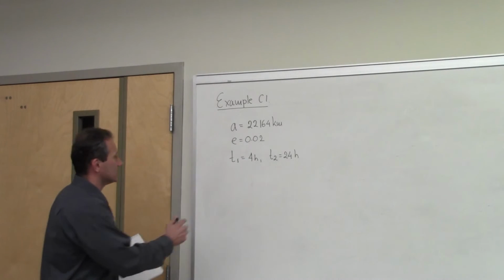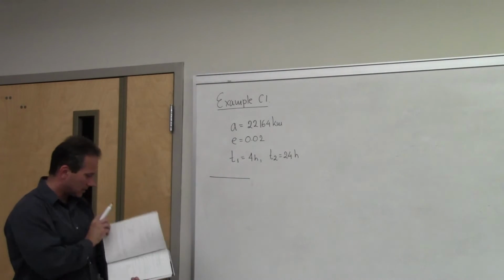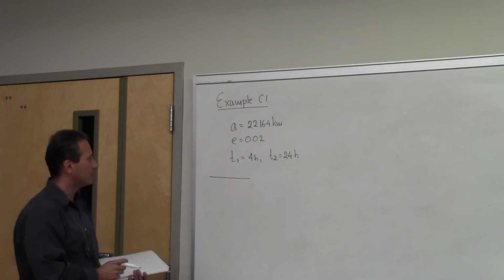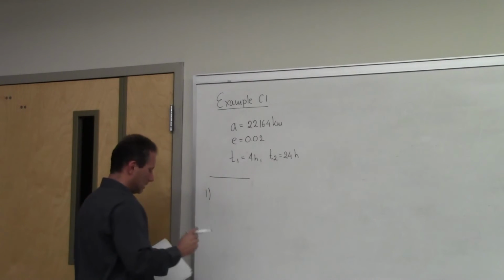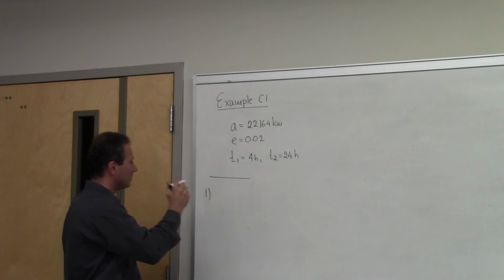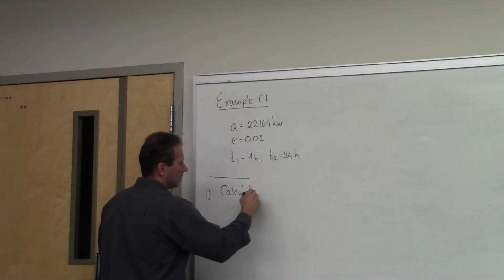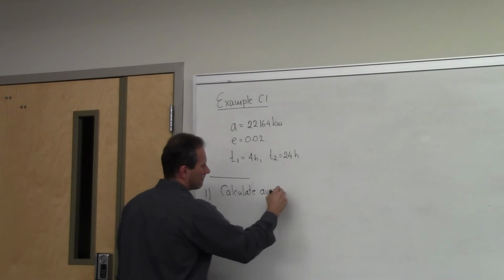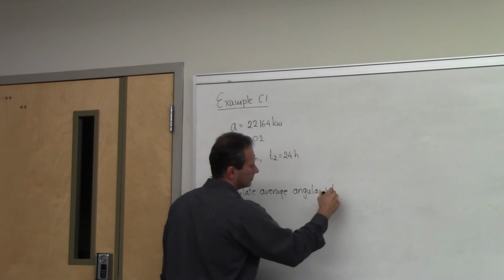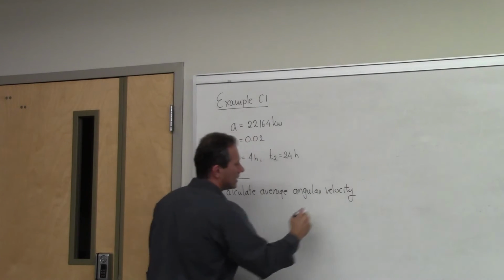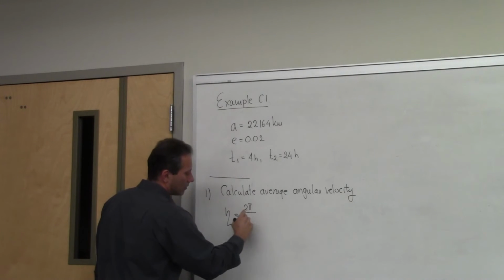So what is the process? And remember, there are several steps to the calculation of the position. Actually, there are 5 steps. In the first step, we calculate the mean angular velocity, or average angular velocity. We said this angular velocity can be calculated as 2 pi over the period, right?